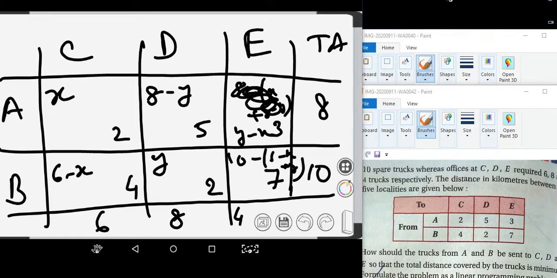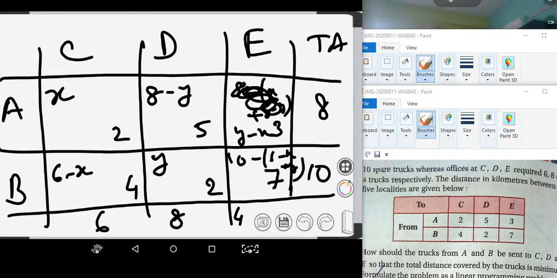So that is what we will get. Simplifying, it becomes X minus Y plus 4.